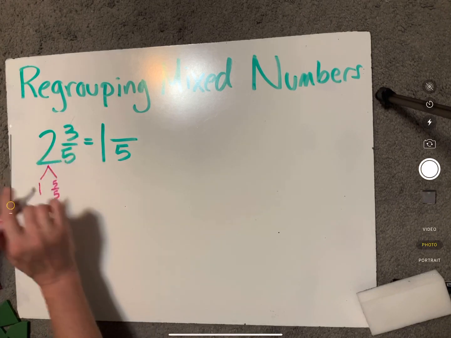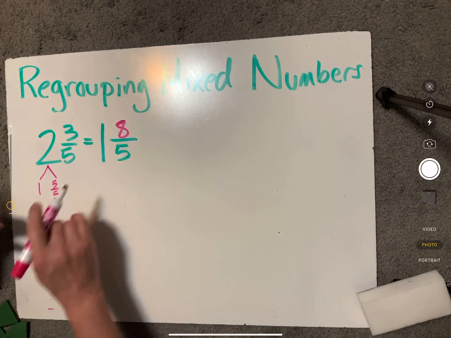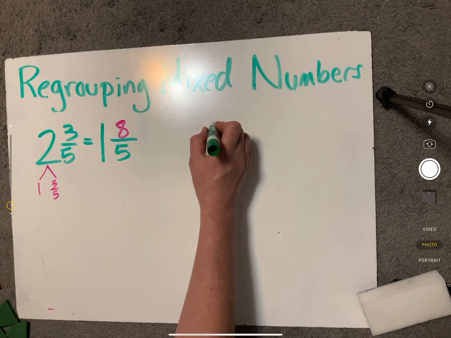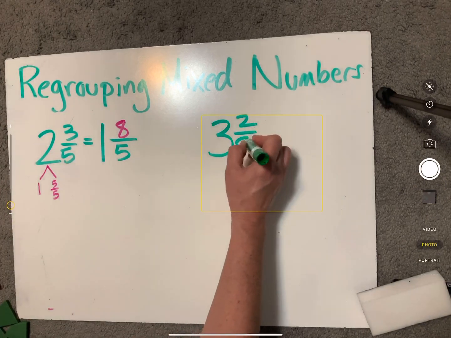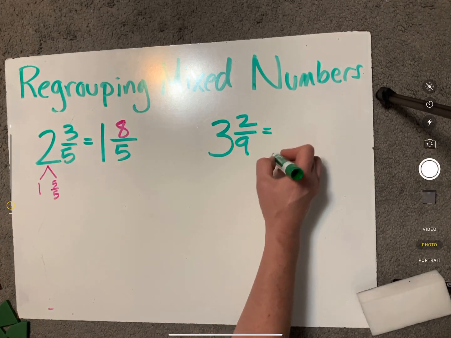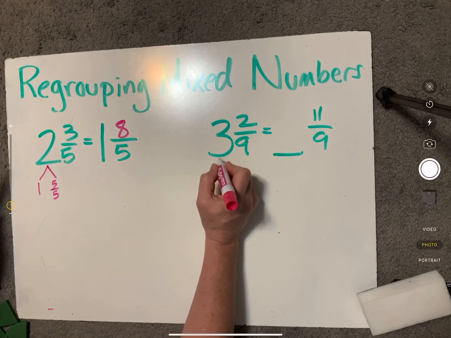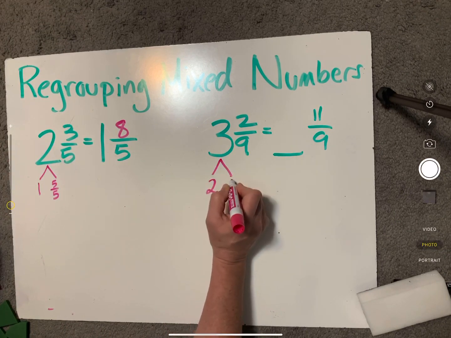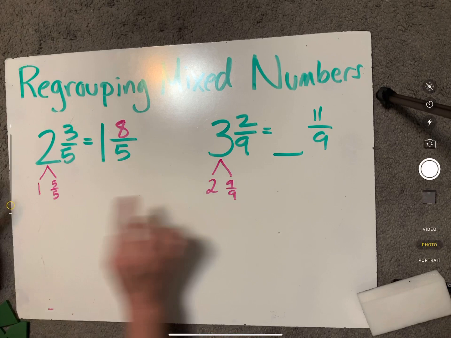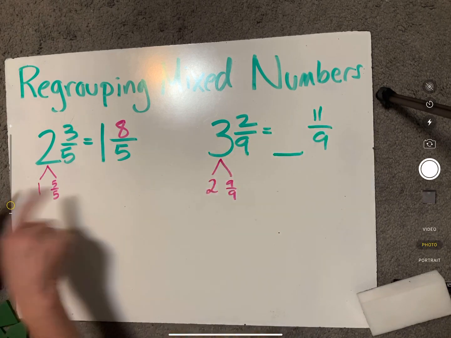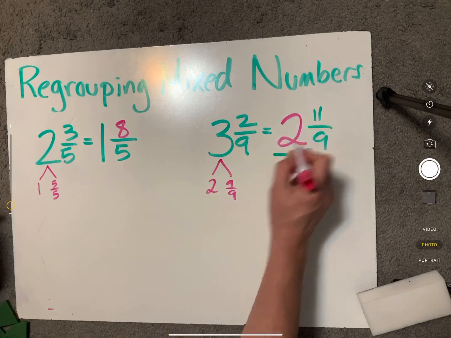So 5/5 plus 3/5 equals 8/5. All right, let's try another one. 3 and 2/9 equals blank and 11/9. So again, we're going to split this 3 into a 2 and 9/9. So yep, 9 plus 2 is 11. And this 2 is my new whole number here.